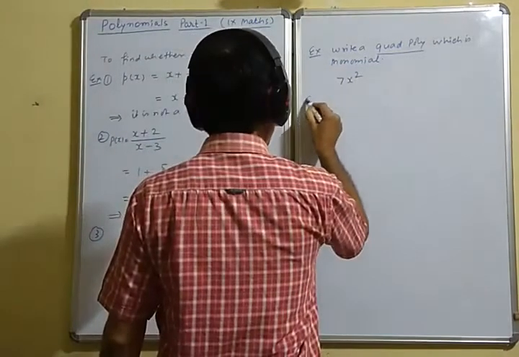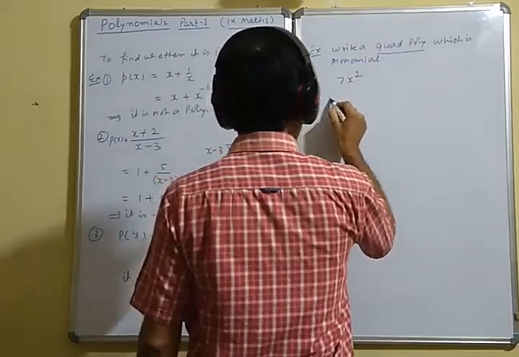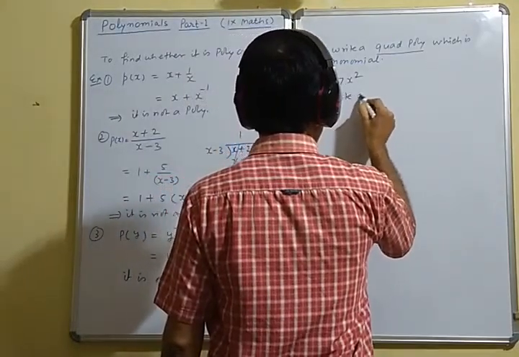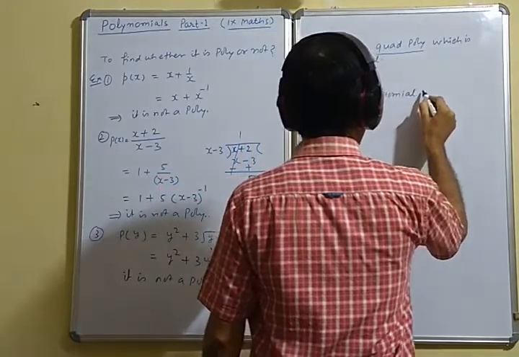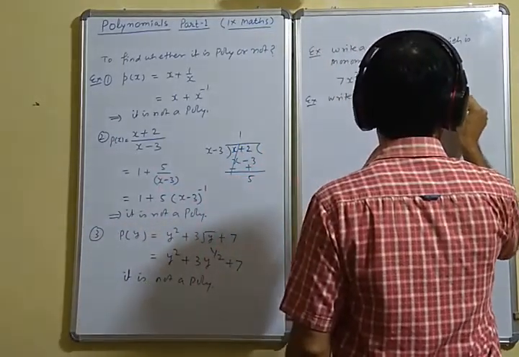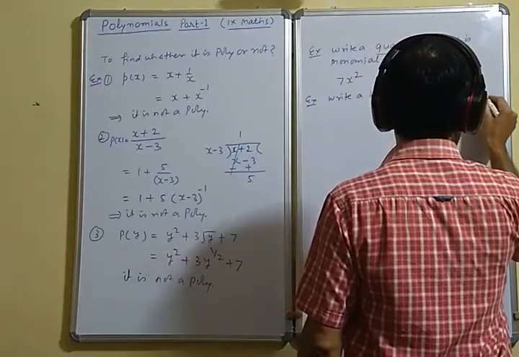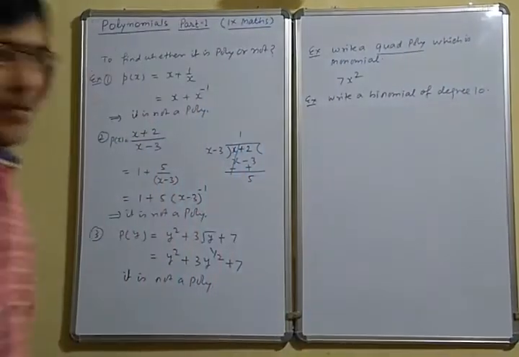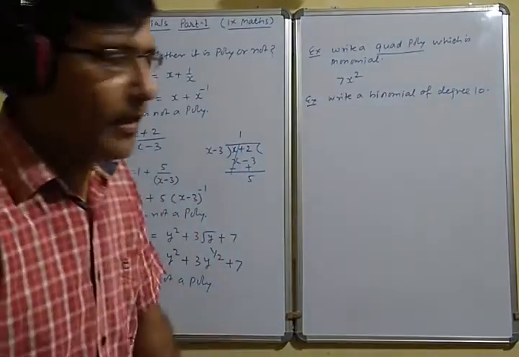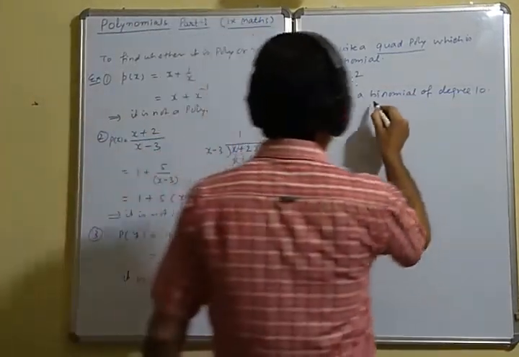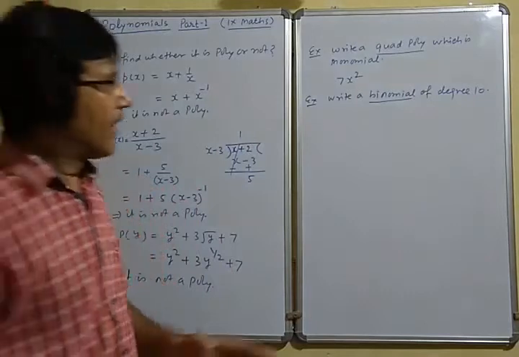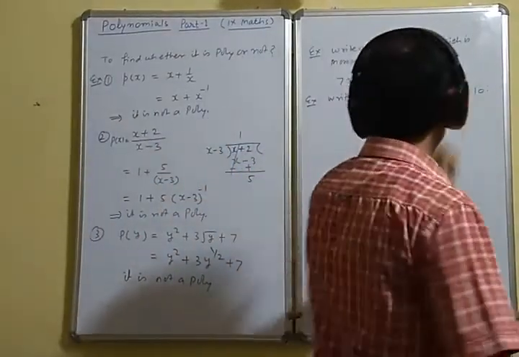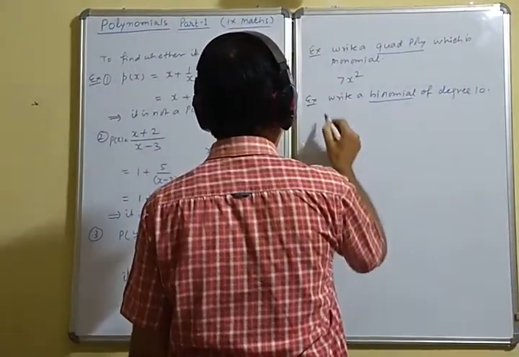Take another example. Write a binomial of degree 10. The binomial must contain two terms, and the degree is given as 10, so you are free to write any example.